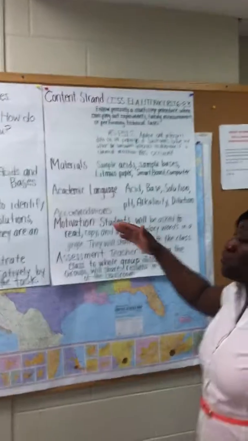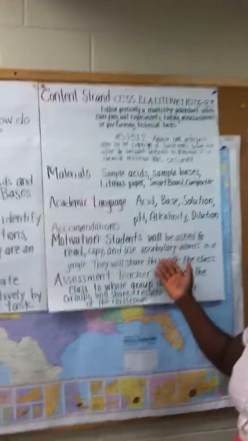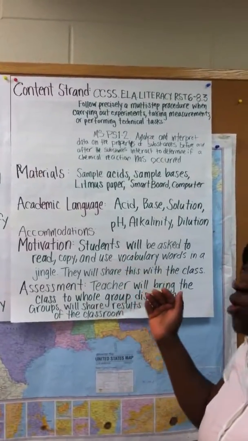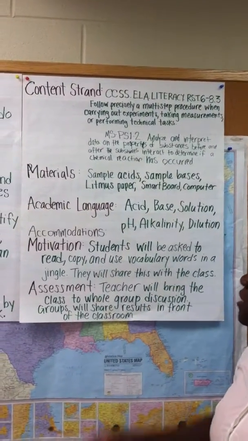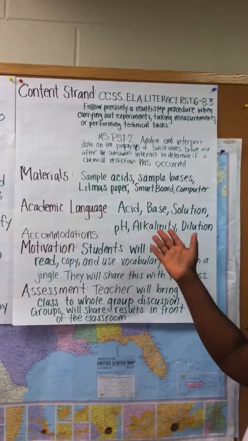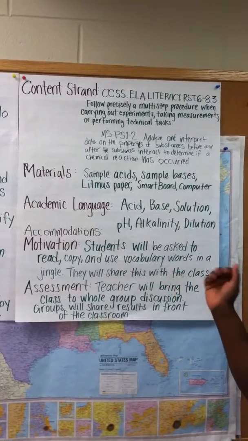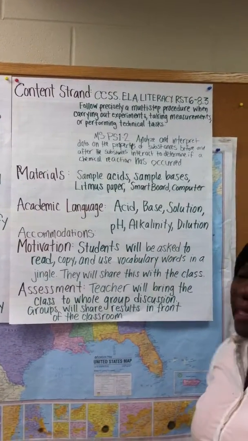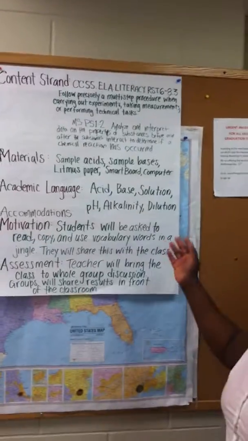Before they go through that process, students will be asked to define key concepts or terminology having to do with the lesson. They'll be asked to define acid, base, solution, pH, alkalinity, and dilution.